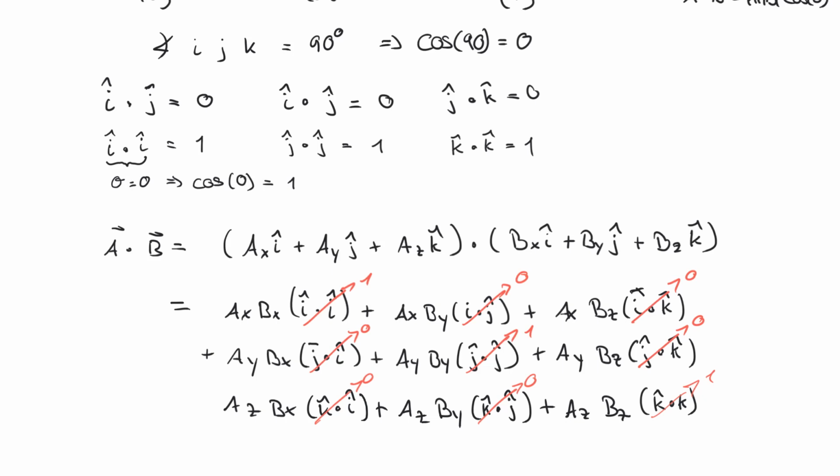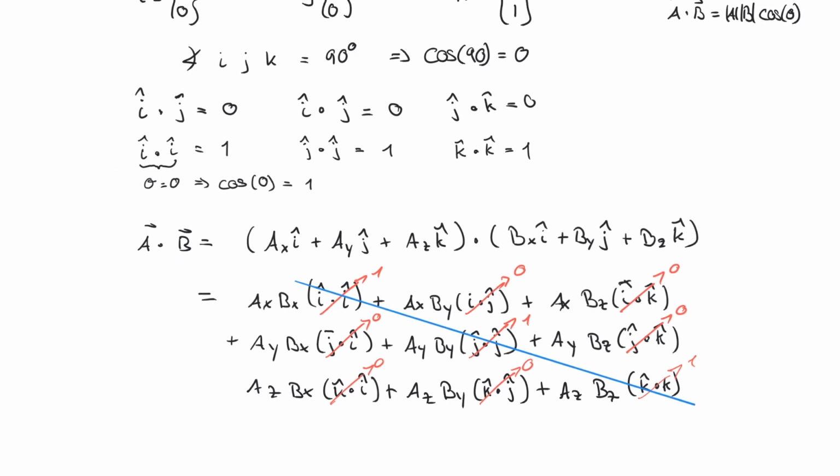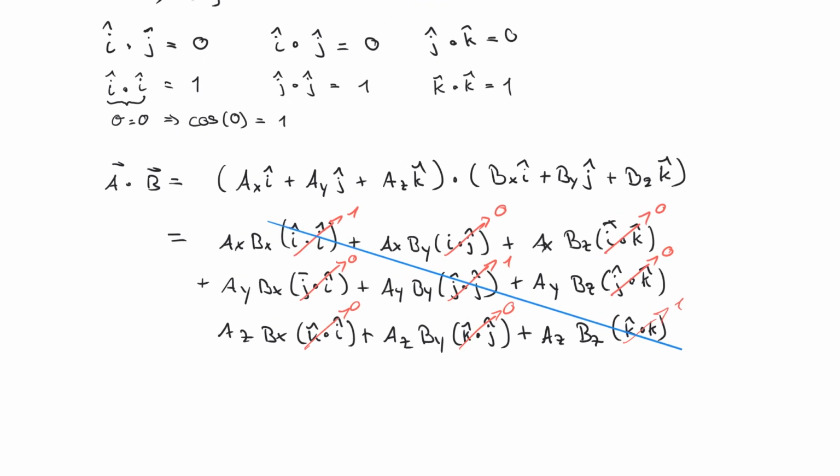And so what you will find now is that only in this case, because of the way I wrote it, the diagonal terms remain, right? So these terms remain, and that leads us to the formula that you know from high school, which is really nothing else than a dot b is equal to ax bx plus ay by plus az bz.